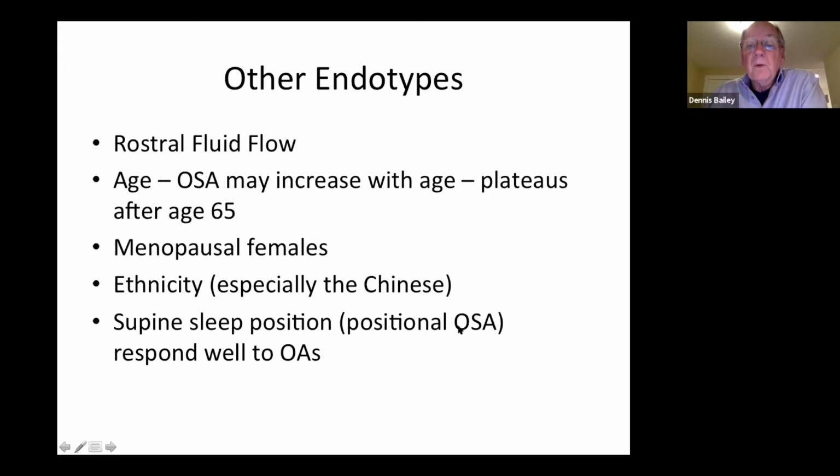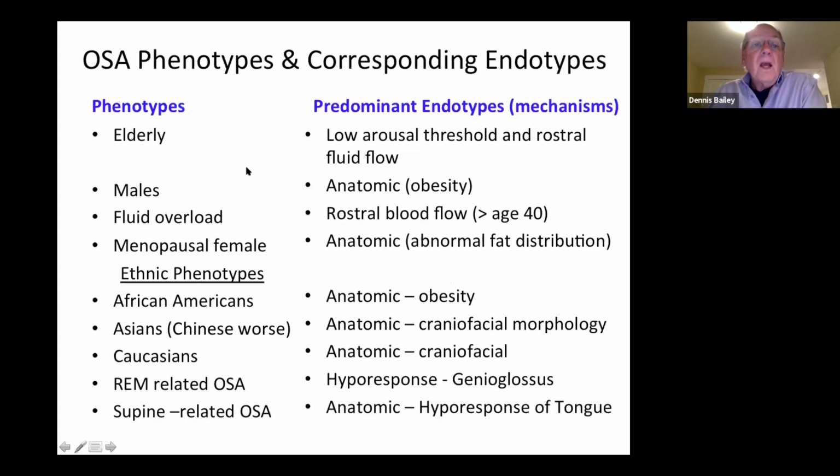Supine sleep position, in other words, positional OSA, responds well to oral appliances, as we all know. So breaking it down into more of a categorization, like I said, putting it in boxes. If we look at OSA phenotypes and corresponding endotypes, under phenotypes, we can be dealing with the elderly.